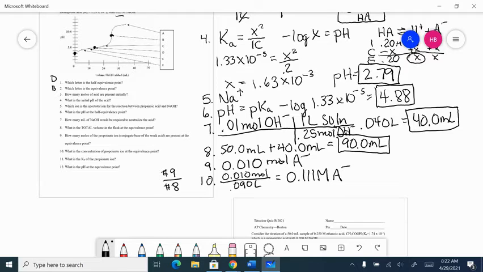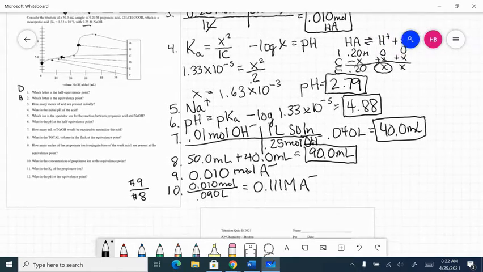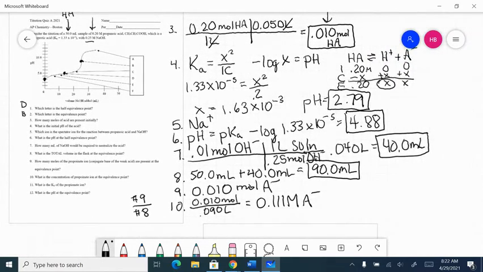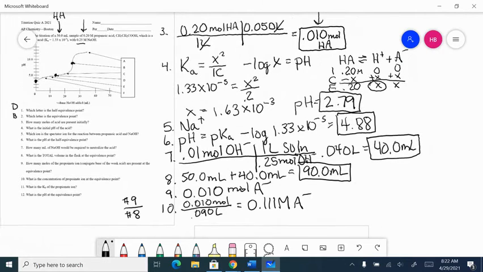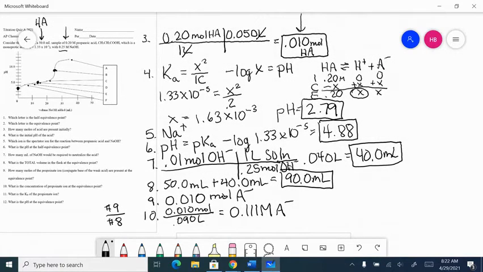Now, the last thing, which is, let's go over here. Number 11 says, what is the KB?